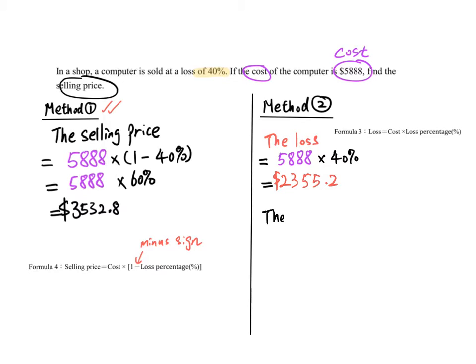The next step, I find the selling price. Because I know the cost and the loss, the selling price is equal to the cost minus the loss. The answers are the same.